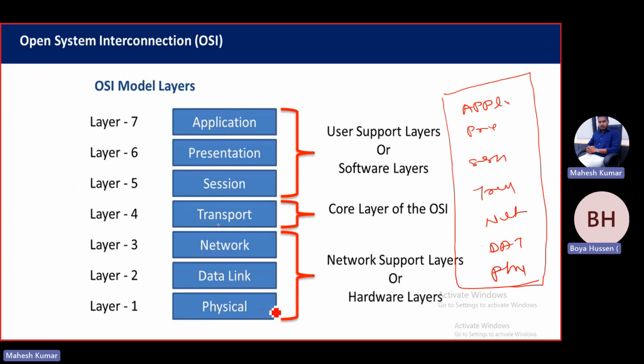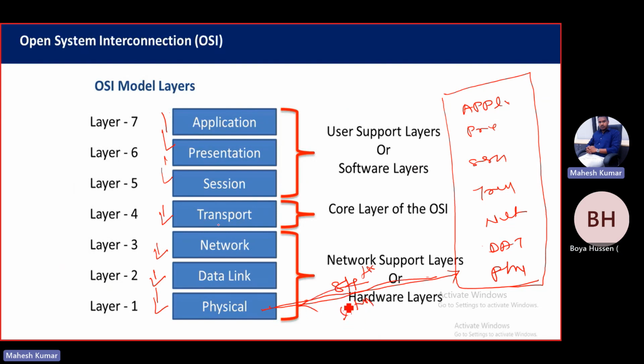Just assume physical means cable, whether it is Cat 5, Cat 6 or any cable used in networking; generally we use UTP cable. When both are connected physically, the sender will send the packet from the application to the presentation, session, transport, network, data link, and physical layer, and send it via the cable. If it is a fiber cable, it will send the packet in light form.